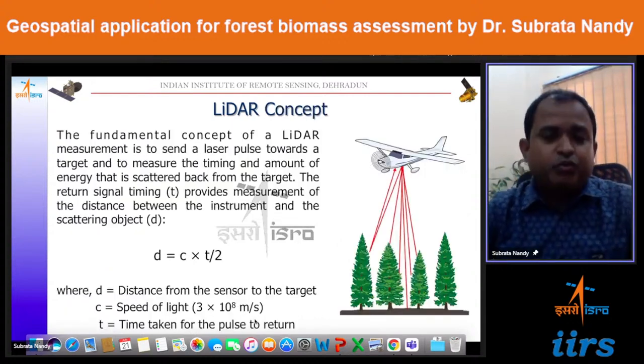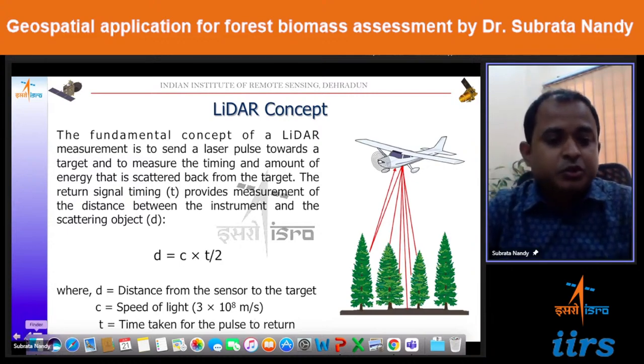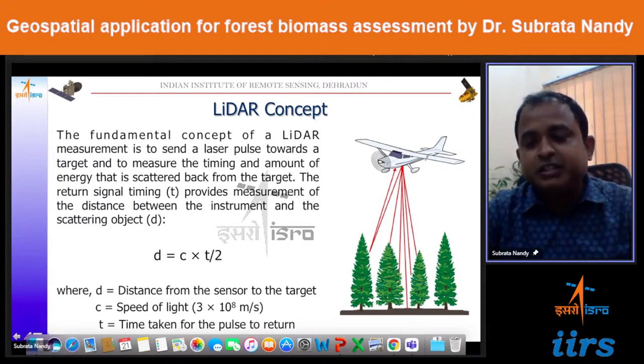Now, how it works: you send a laser pulse toward a target. In our case, the target could be a tree. Let us say in this case you are sending laser pulses from an aircraft, and the laser pulses are hitting the trees like this and going back.